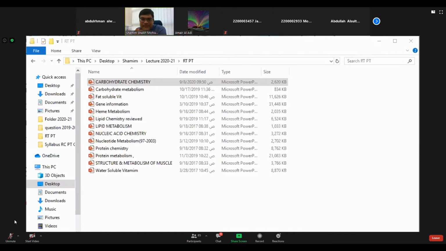So carbohydrate is the maximum amount of food we are taking. Suppose you are eating one plate of khabsa, then you may eat one piece of chicken. So we are mainly getting our daily energy from carbohydrate types of foods.